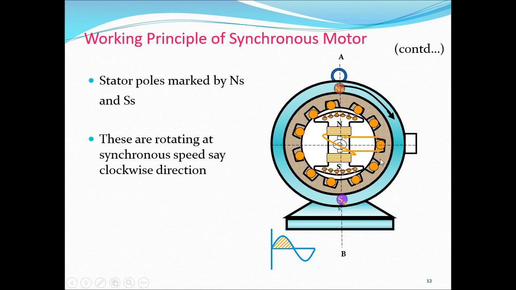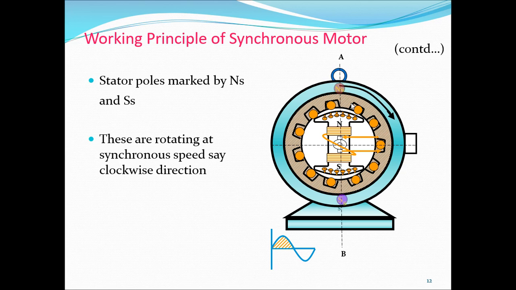When we give the three-phase supply to the stator winding, each phase will produce a magnetic field. These are three individual fields, 120 degrees apart from each other, and they are sinusoidal waves.